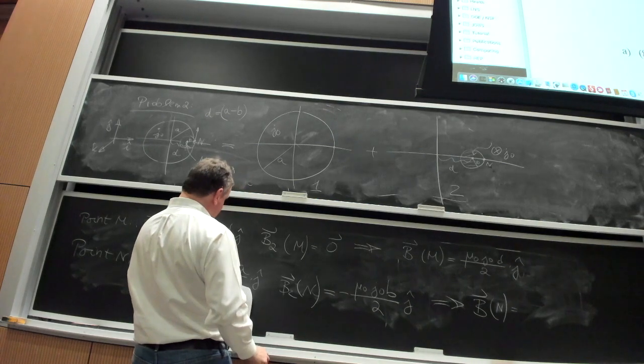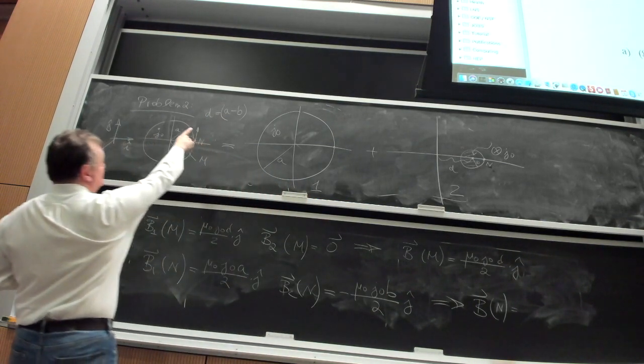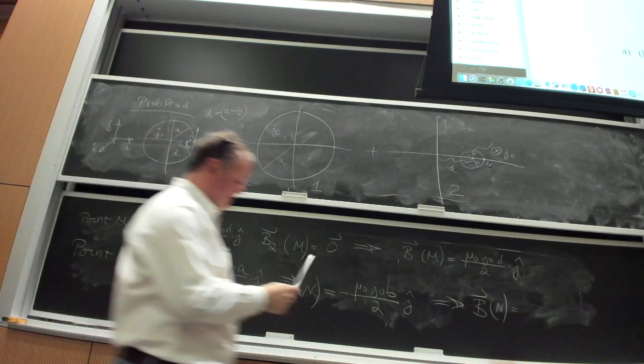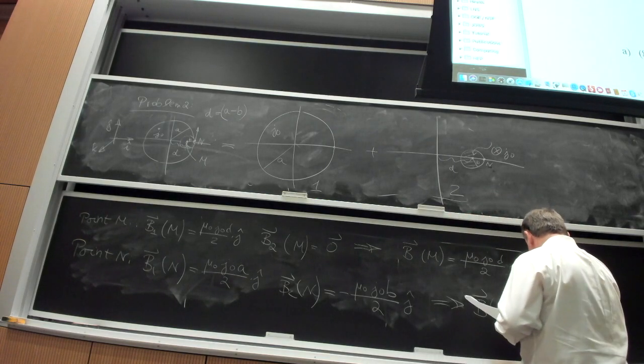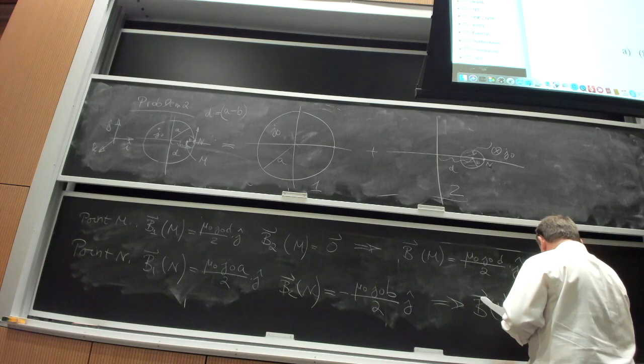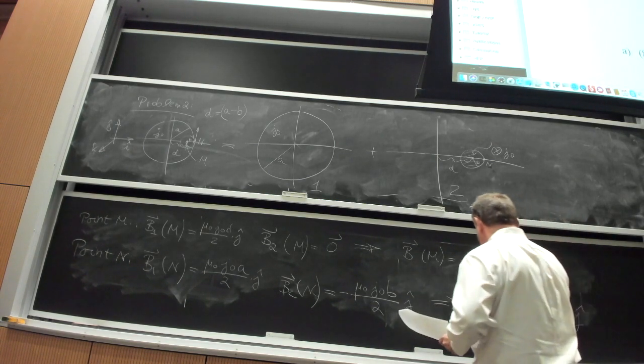So if you inspect this here, you end up here with A minus B, and A minus B, I can simply rewrite this distance D here. So the overall field here is mu naught J naught D divided by 2 times unit vector J.